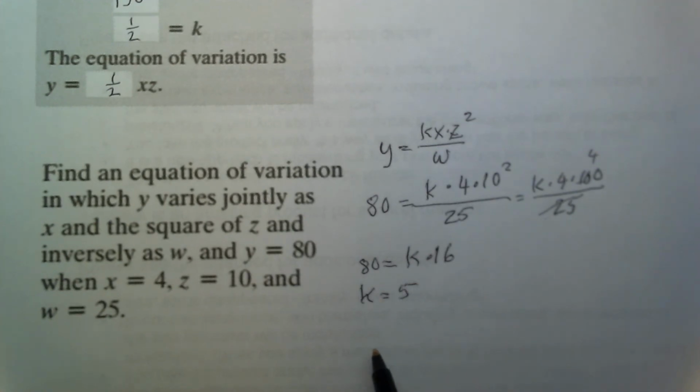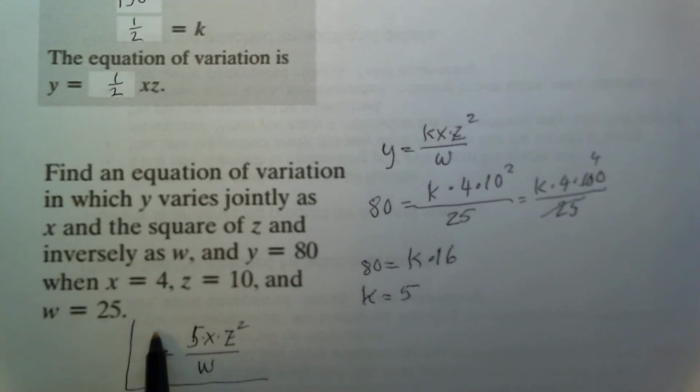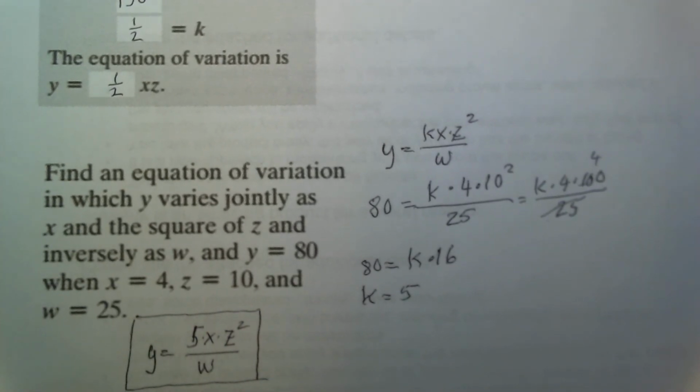So then our equation of variation is y equals 5 times x times z squared, divided by w. So that is our equation of variation.